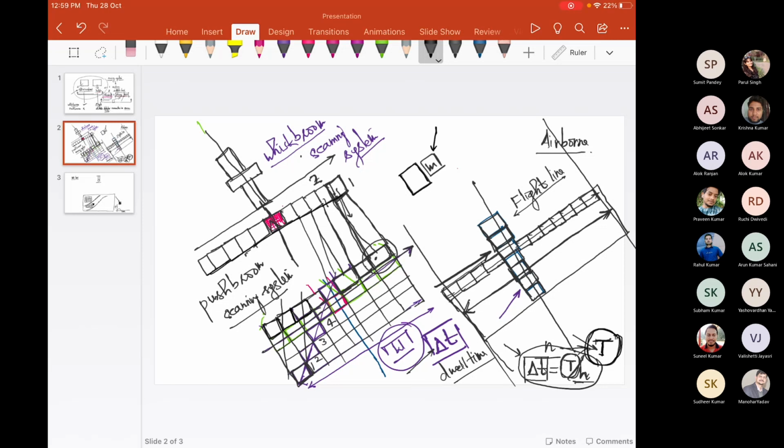I hope you are getting my point. In case of push broom scanning, delta t is the total time that is required to scan all the GRCs across the flight line. Fine. That provision is given. That all depends on the speed of moving platform. Okay. And in the first case, it also depends on the angular speed of rotating mirror.